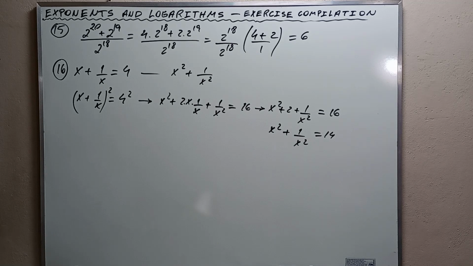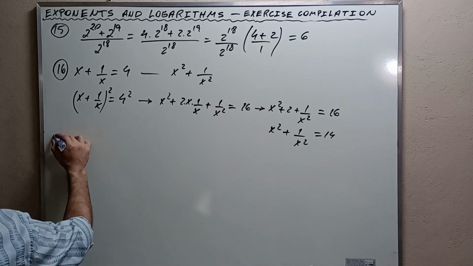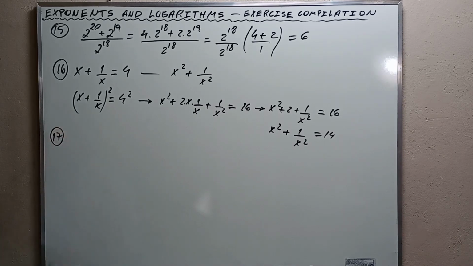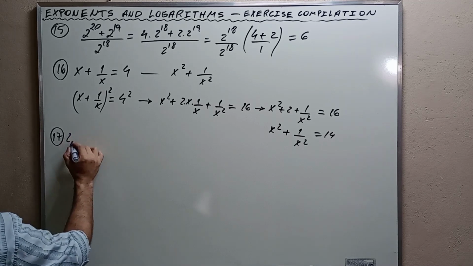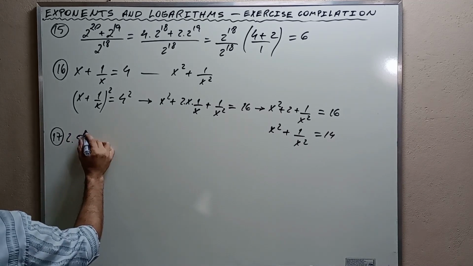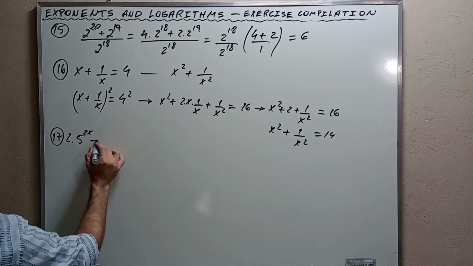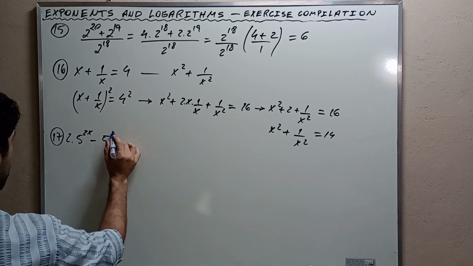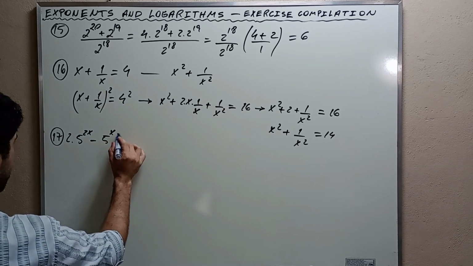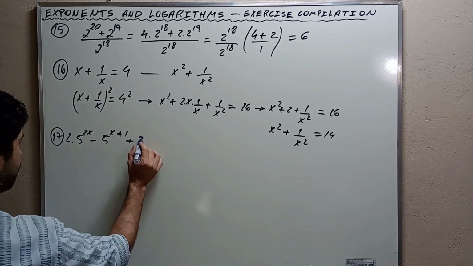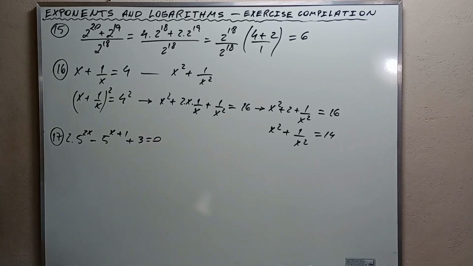Okay? And exercise 17 now. What is the integer solution of the equation? 2 times 5 raised to the power of 2x minus 5 raised to the power of x plus 1 plus 3 equal to 0.